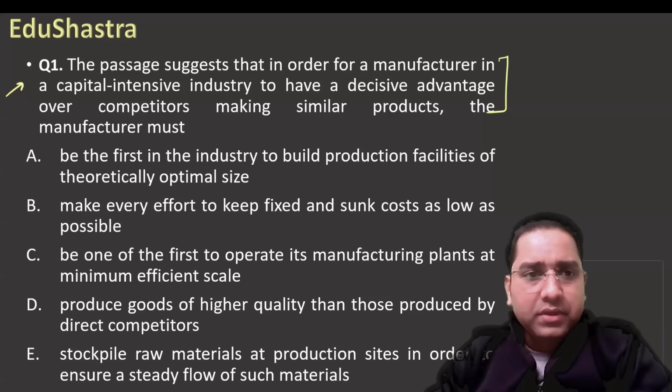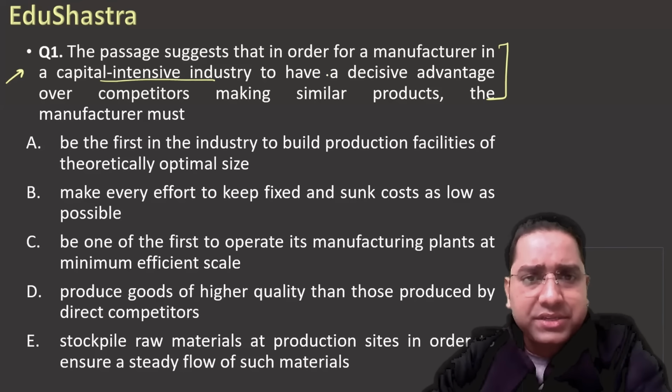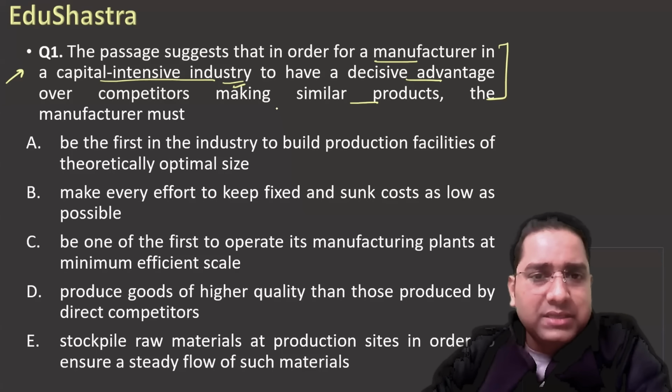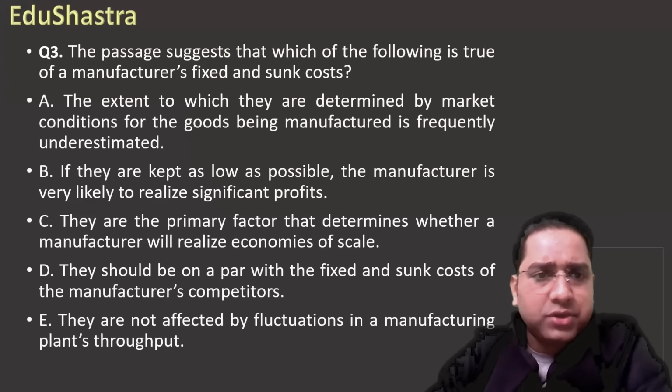This says, the passage suggests that in order for a manufacturer in a capital intensive industry to have a decisive advantage over competitors making similar products. So what are we talking about? Manufacturer, capital intensive industry, and some type of advantage over the competitor. So we have got the idea what the passage is talking about.